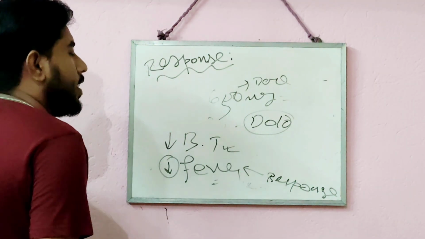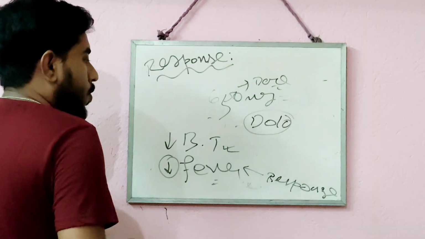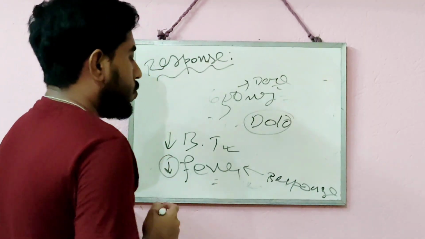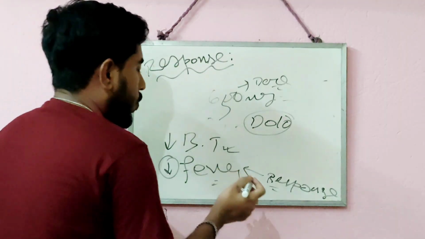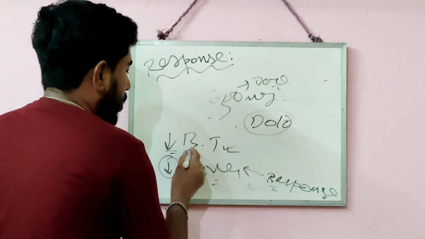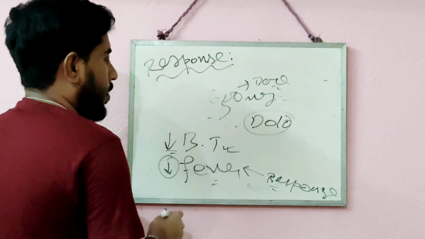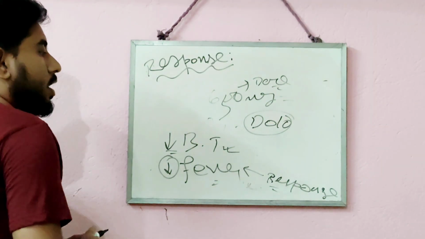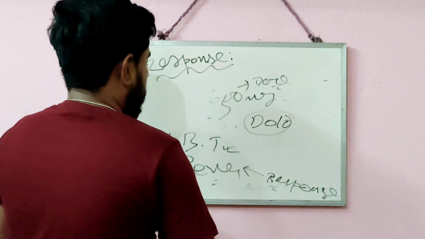When we take Dolo, it is showing a response by decreasing our body temperature, and it is helping our body to overcome fever. By that you can understand what is dose and what is response.